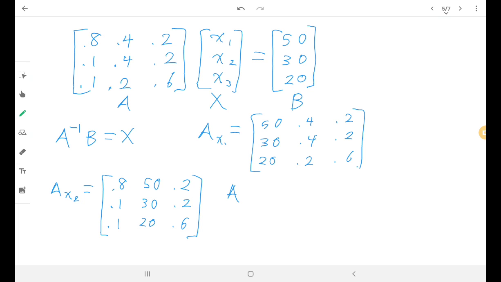And make your matrix A sub x3, which would be copy the first two columns and copy the answer column for the third column.